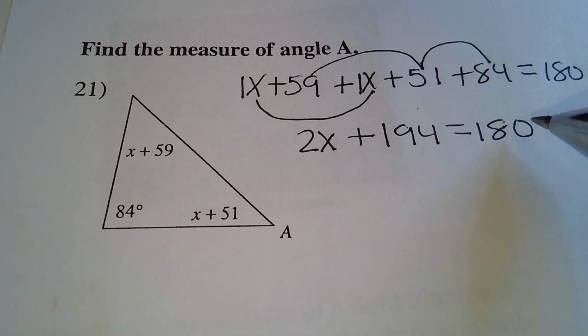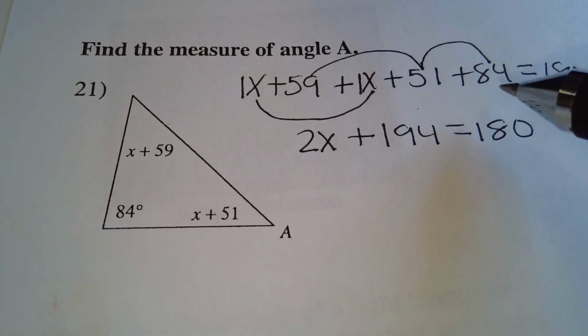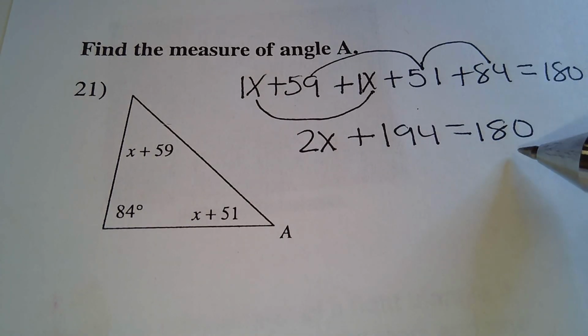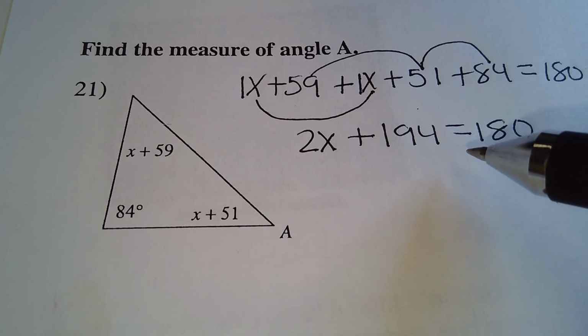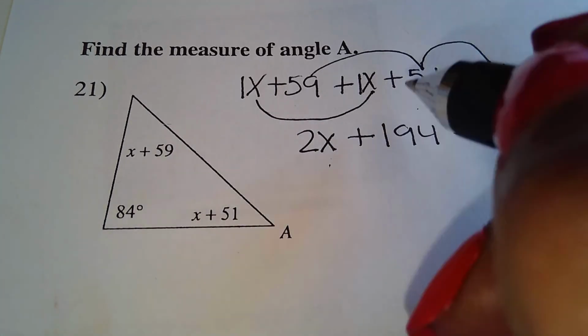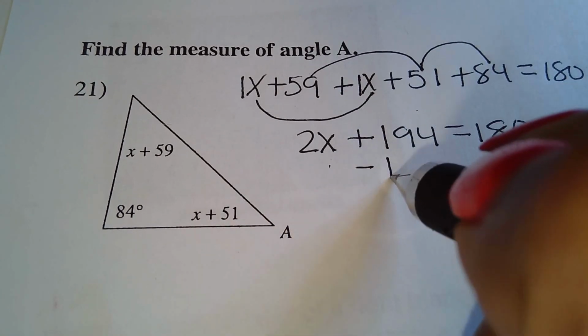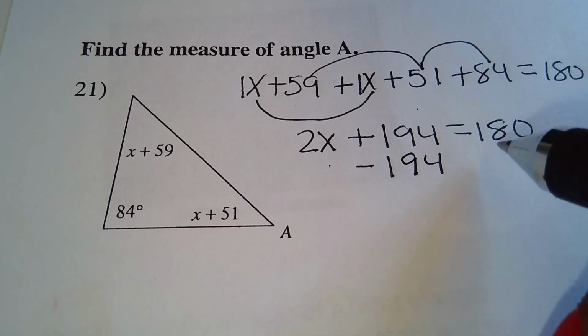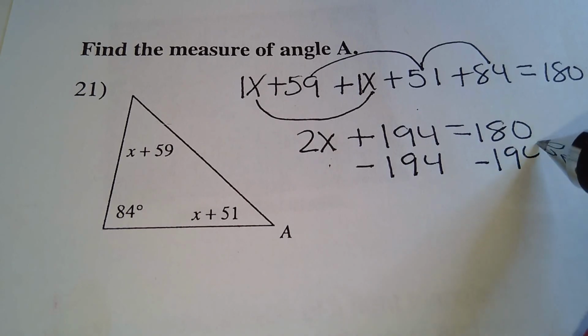Hopefully you realize now that I've set this up that you're simply setting up a linear equation, and then you just follow the steps for solving linear equations. And the goal in that case is to isolate the variable. So we need to get x by itself. So next I'm going to subtract my 194 from both sides of the equal sign.